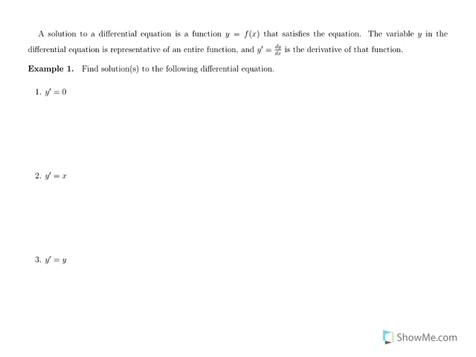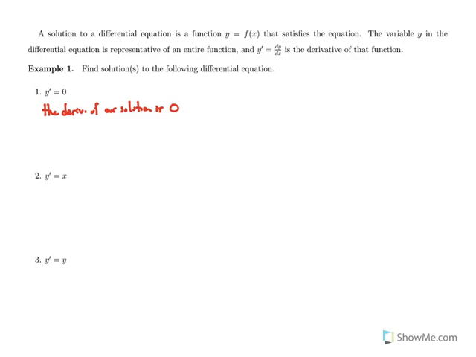Our first one is y prime equals 0. This is saying that the derivative of the function, so the derivative of our solution, is 0. We're trying to find our solution. So we're given the derivative, can we find the original function?